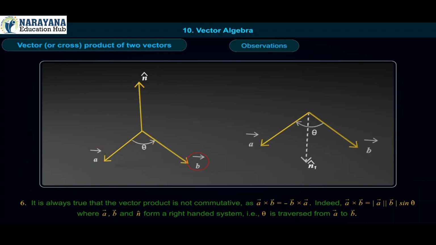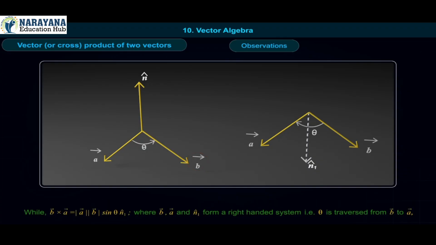That is, theta is traversed from vector A to vector B, while vector B cross vector A is equal to modulus of vector A into modulus of vector B sin theta n1 cap, where vector B, vector A and n1 cap form a right-handed system.